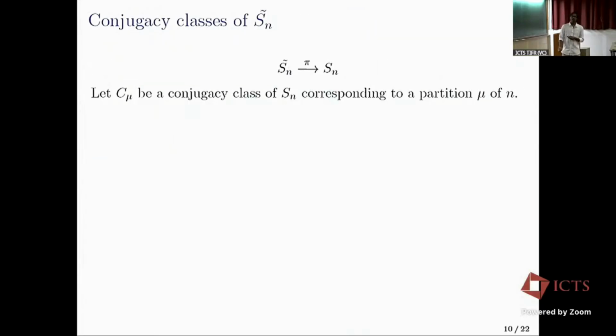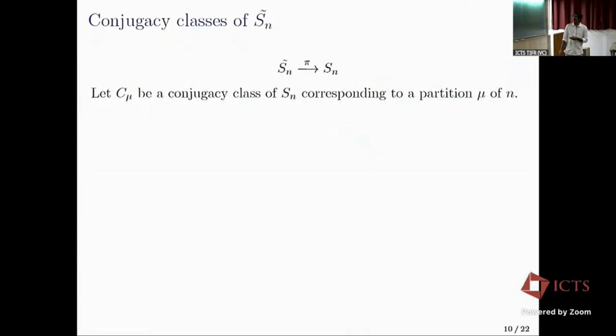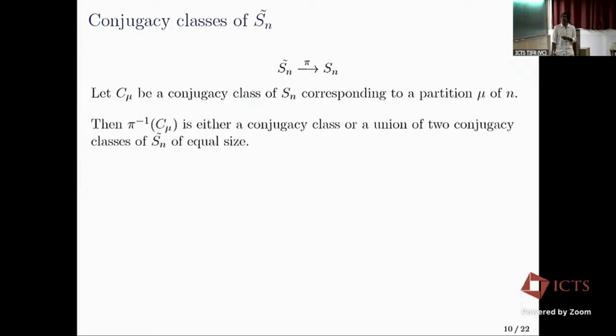Okay, so what are all the conjugacy classes of Sn tilde? We can take a conjugacy class in Sn and consider its pullback. Basic group theory tells you that it can remain a conjugacy class or split as a union of two conjugacy classes of equal size.